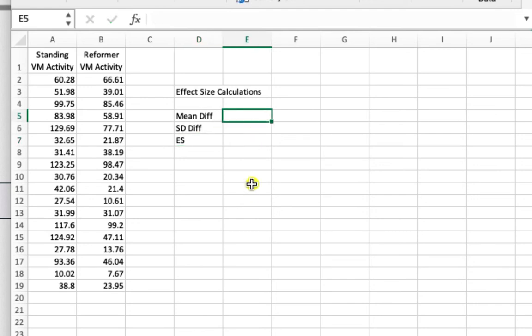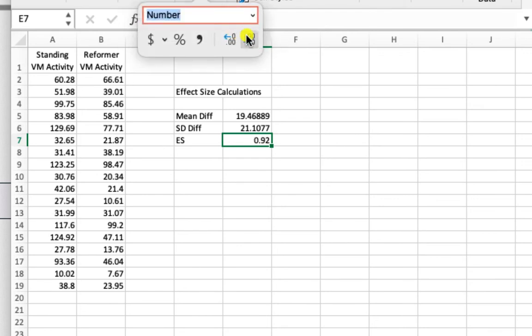So our mean difference was 19.46889. Standard deviation of the difference is 21.10770. And our effect size is going to be the mean difference divided by the standard deviation of the difference. We'll round that to 2 decimal places. So we get an effect size of 0.92.